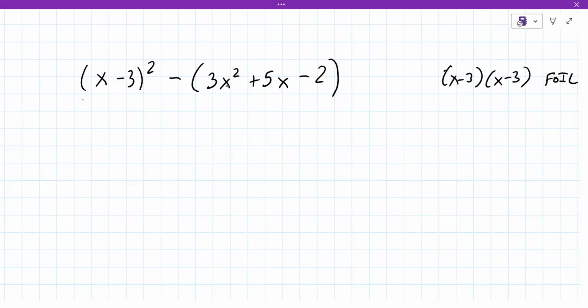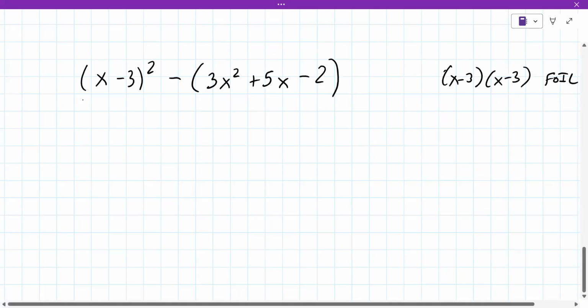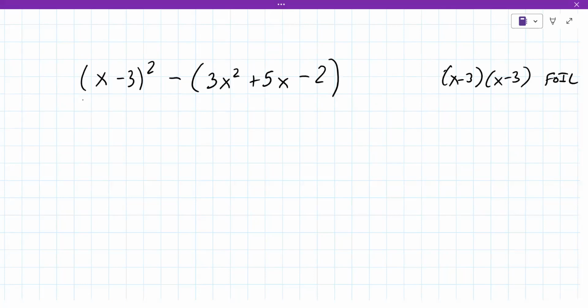x squared minus. Let me know what you get when you FOIL.